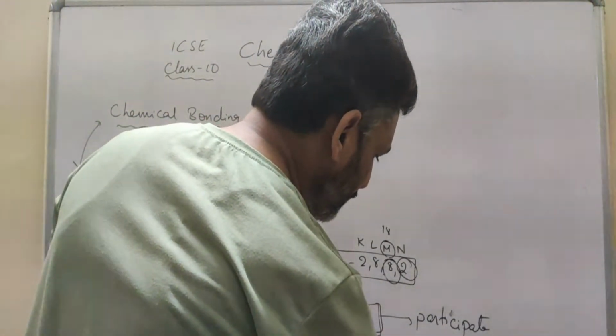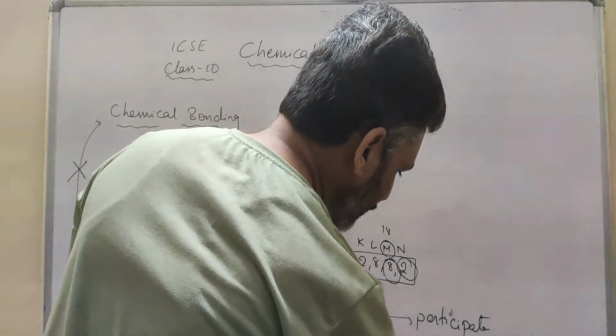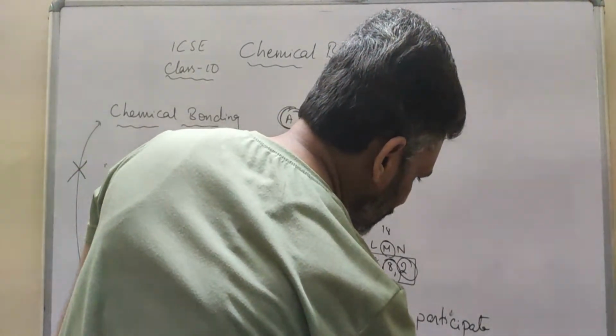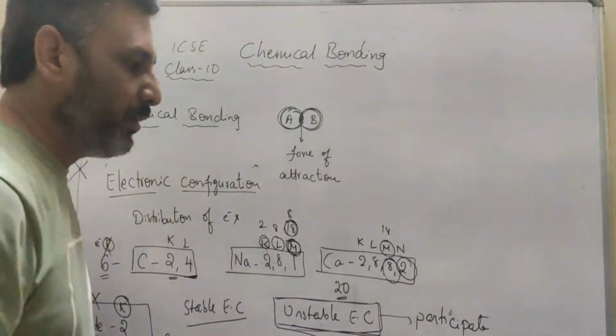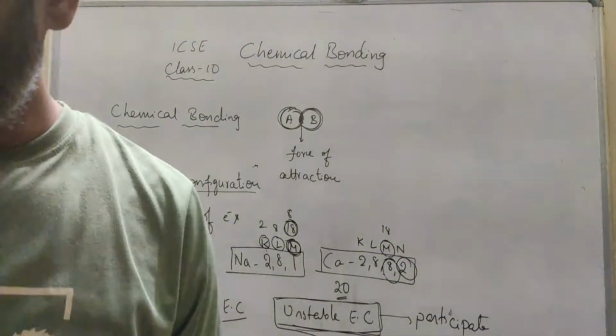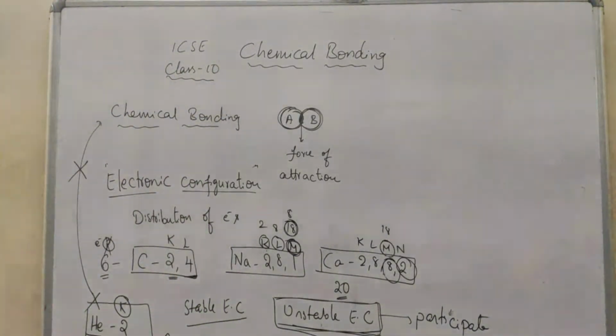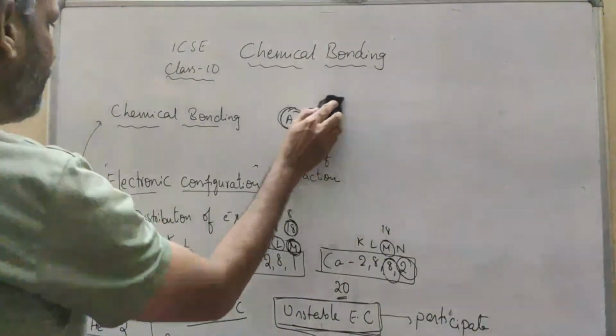To attain stability. So the purpose for elements to participate in chemical bonding is to attain stability. That is the reason why elements participate in chemical bonding.